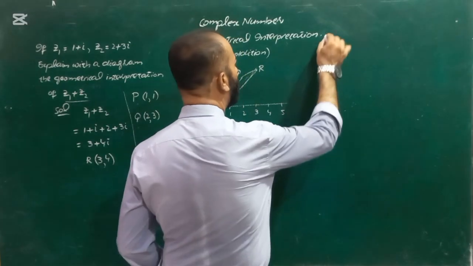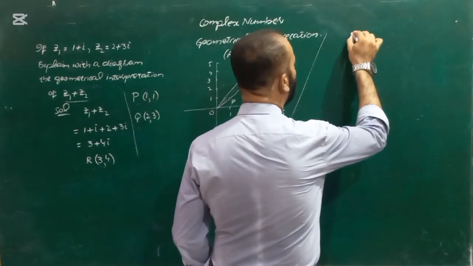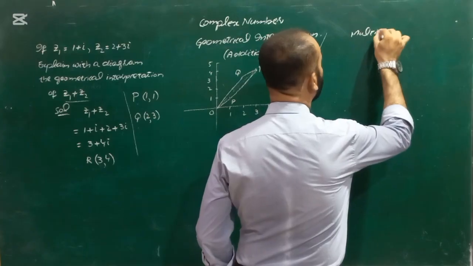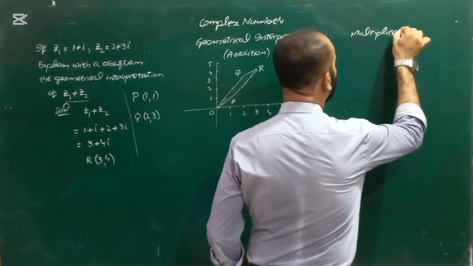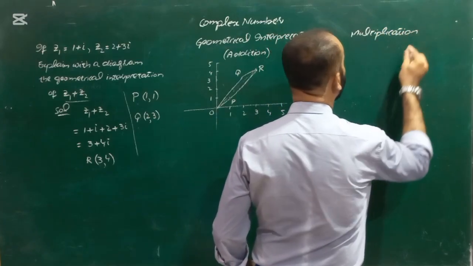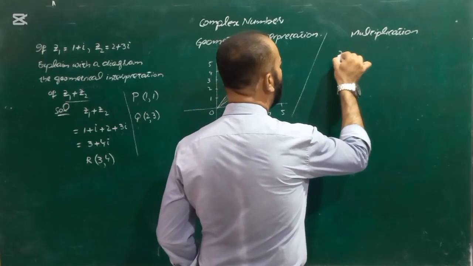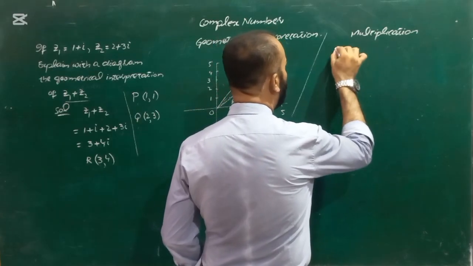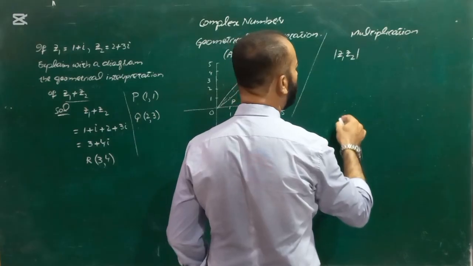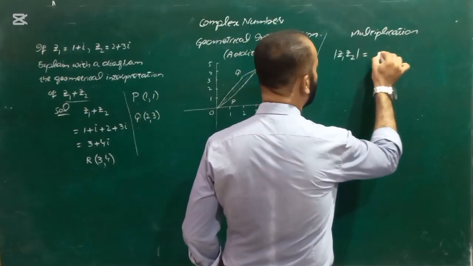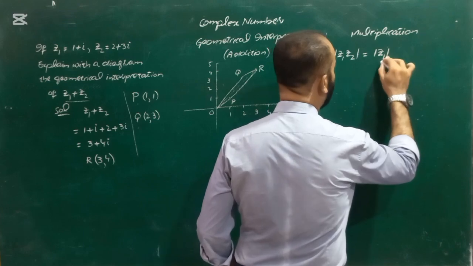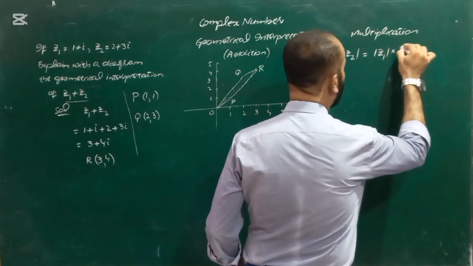Here are some more concepts. So for multiplication, if two complex numbers are multiplying with each other, and we have to take the mod, that is magnitude, so we will take individually the magnitude of the two complex numbers.